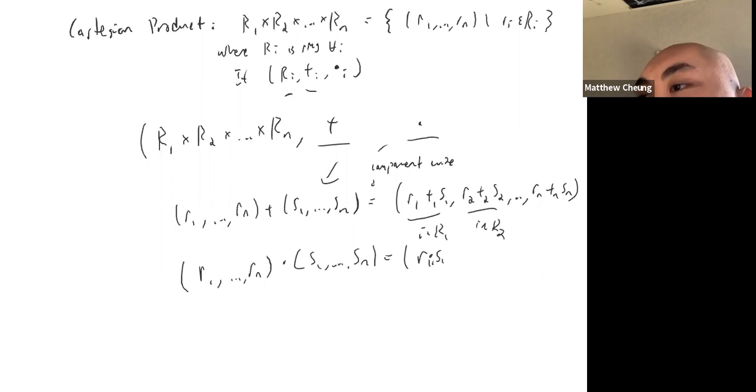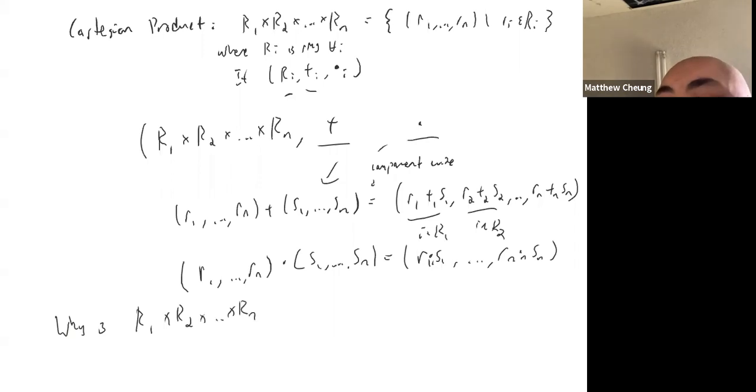I'll just put R1 star S1, ..., Rn star Sn. Is everyone clear with this? So, a question: if each Ri is a ring, let me ask you, why is this thing, R1 cross R2 cross ... cross Rn, an abelian group?